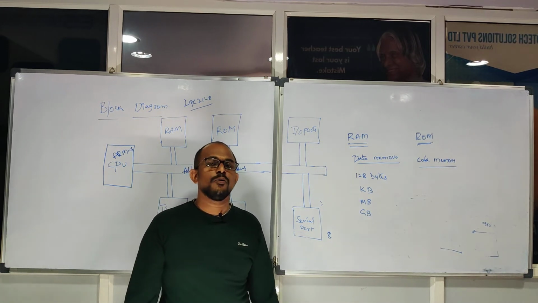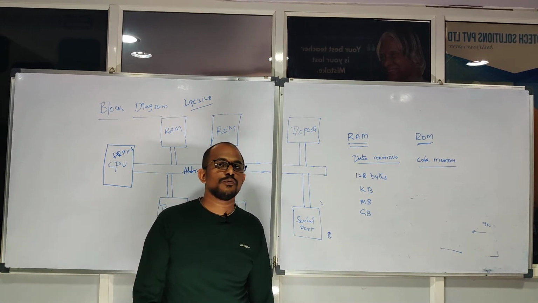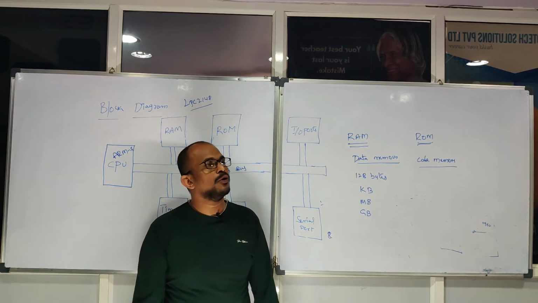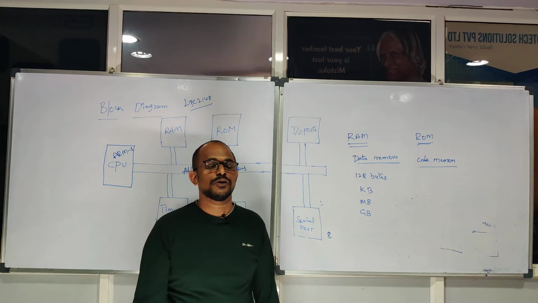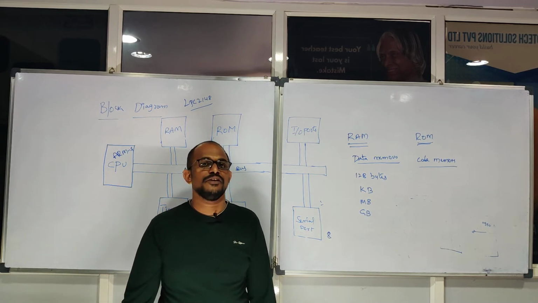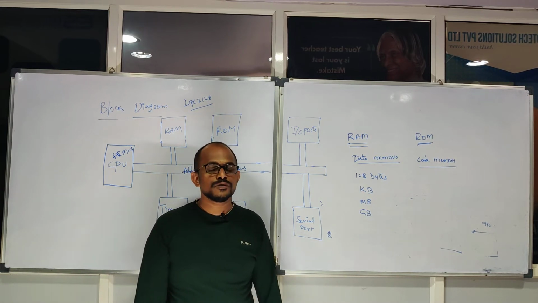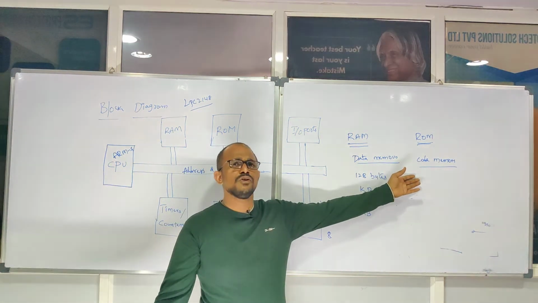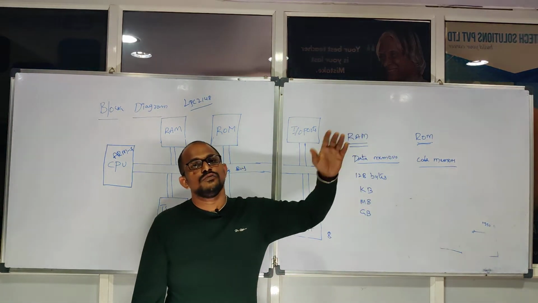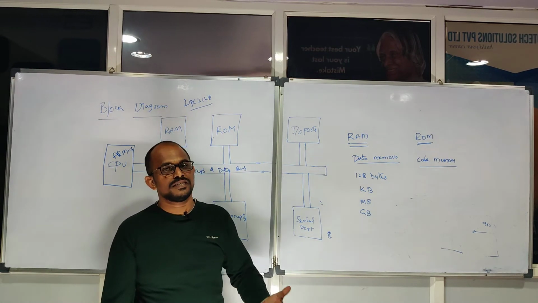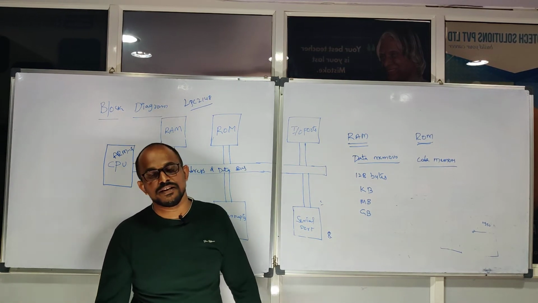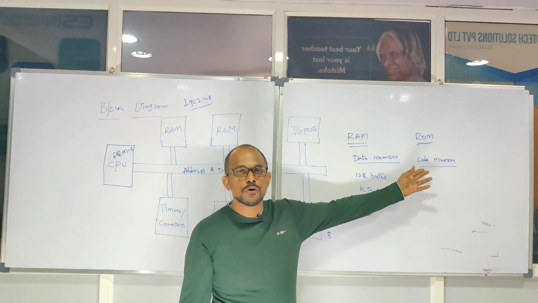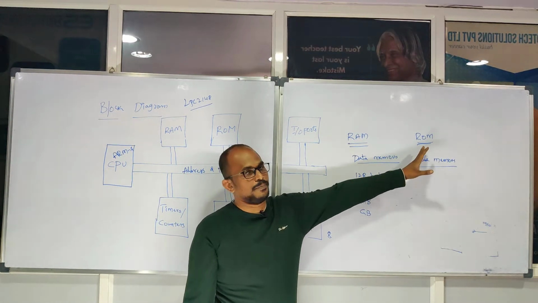But if the operating system were erased every time you turn off your laptop, you would need to load the operating system whenever you turn it on. That would be a great difficulty for us. So you use one permanent storage, which is ROM, and save the operating system there. Whenever you turn on your device, it will fetch your operating system instructions again and execute them. So every time, you need to save your application code in a permanent storage type, which is ROM.